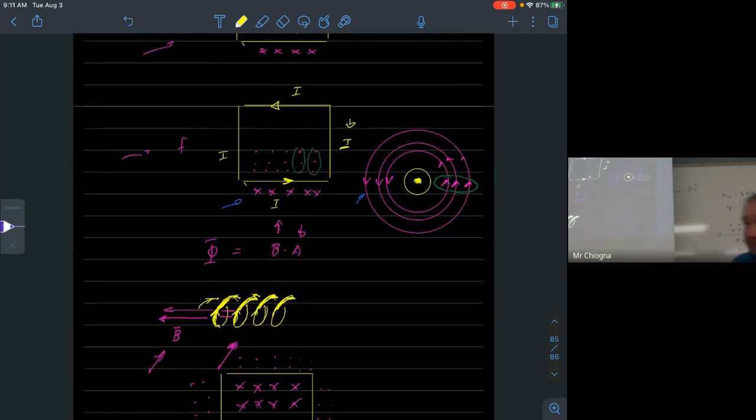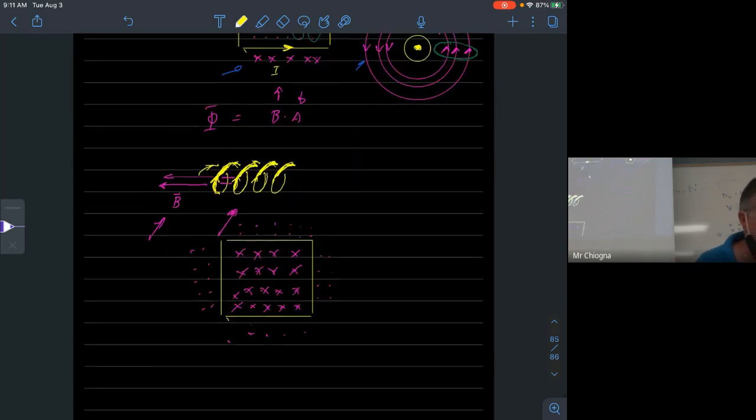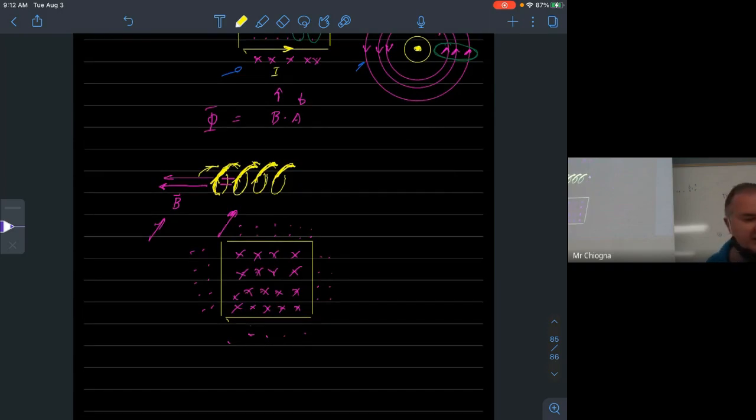How you change that flux, I can't go through every scenario, but I've given you some. You could squish it, you could turn it, you could reverse it. In this case you've got the field into the page. You could turn it off, or reverse the direction. In all those cases, you change the flux.